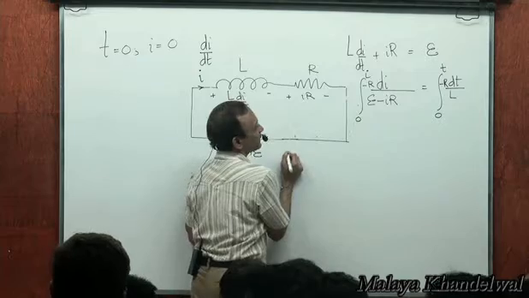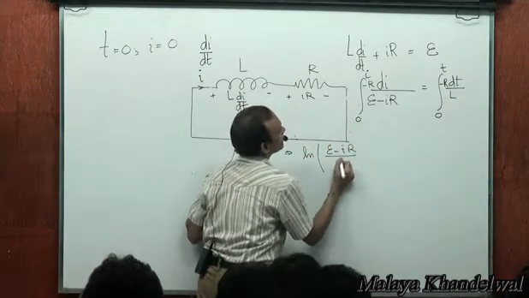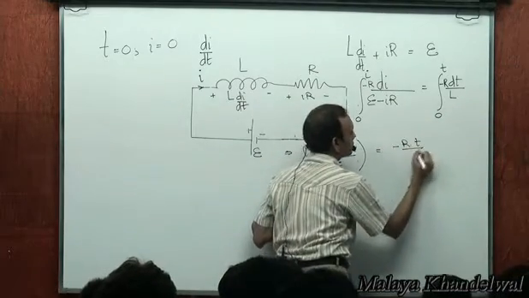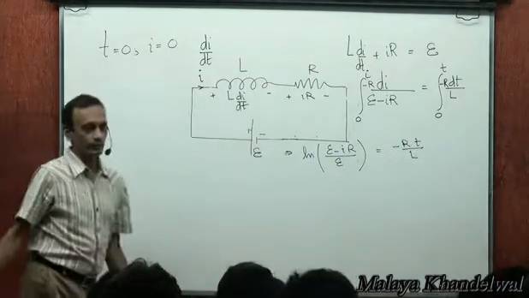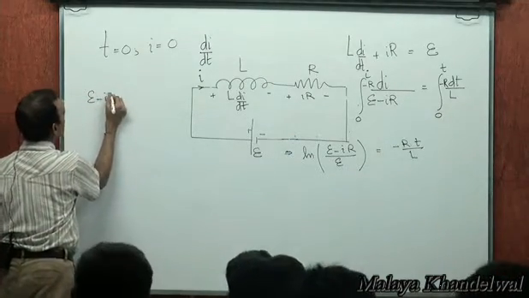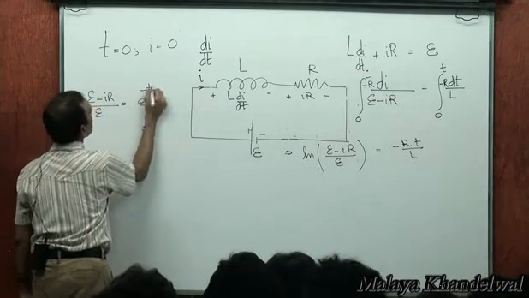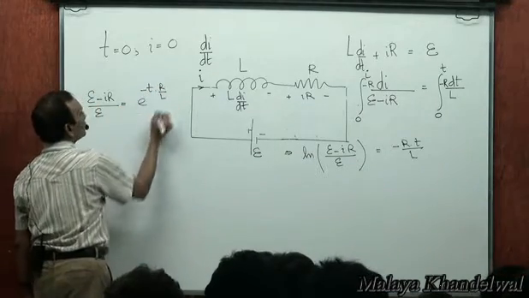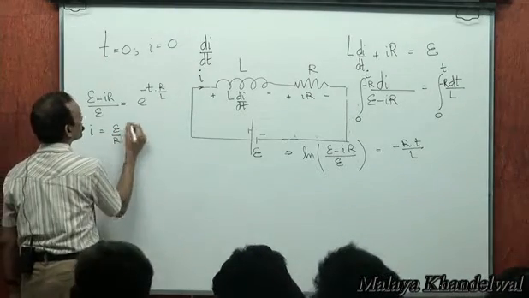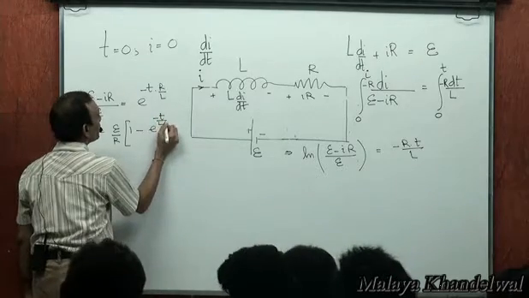Then on integrating we get log of (epsilon minus IR) divided by epsilon is minus Rt by L, or (epsilon minus IR) by epsilon is e to the power minus t into R by L, or I equal to epsilon by R times (1 minus e to the power minus t divided by L by R).